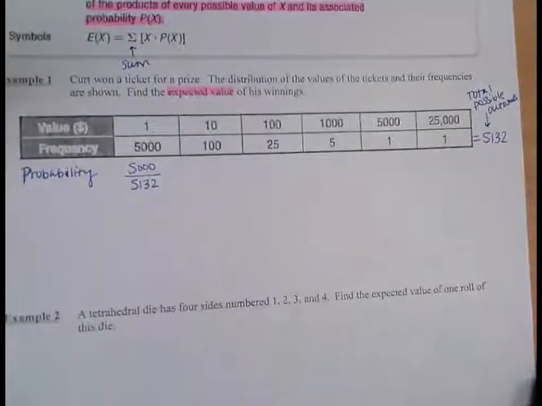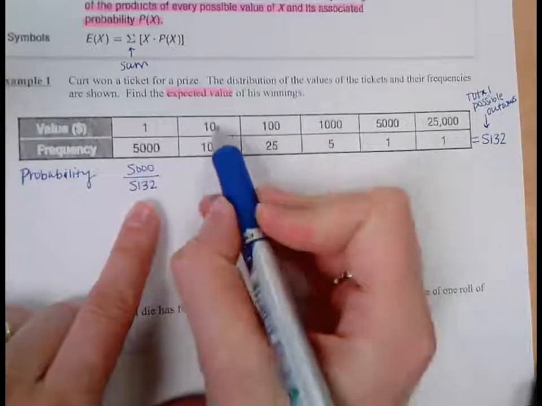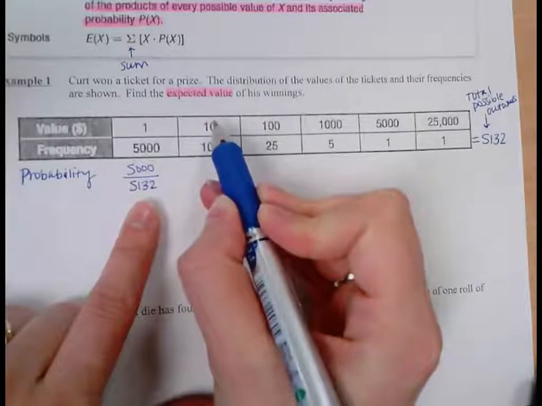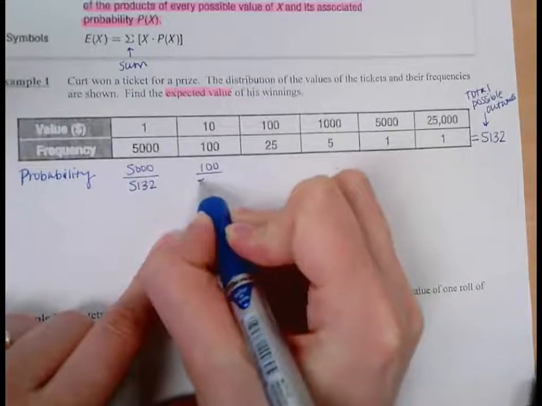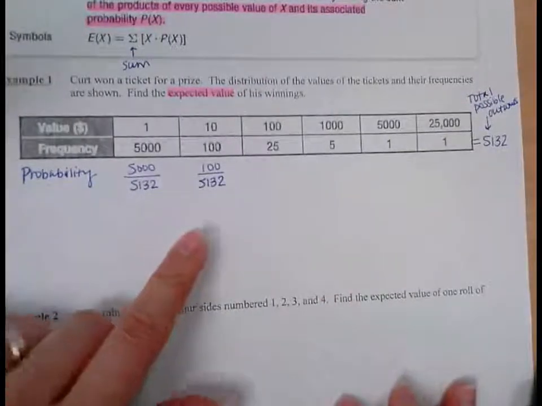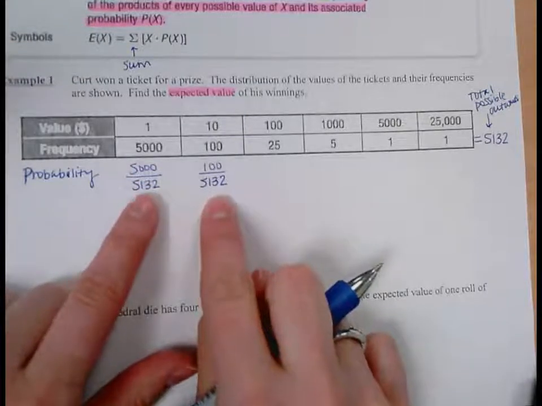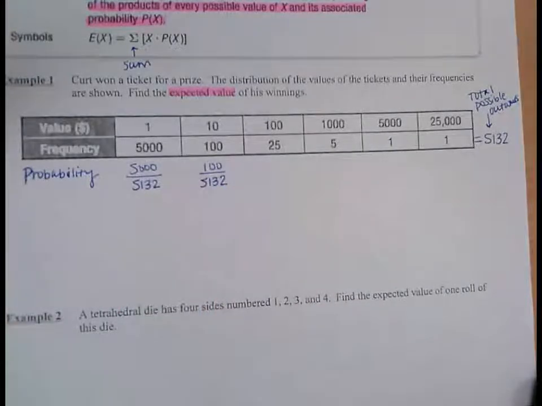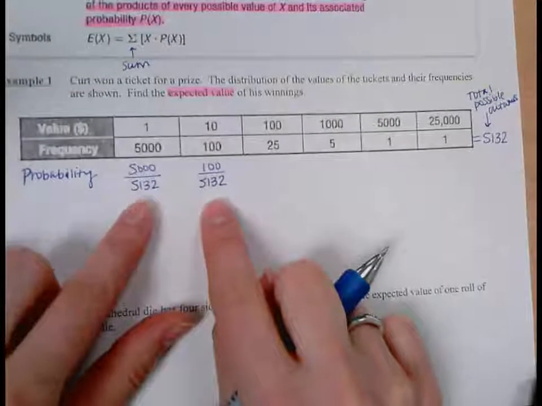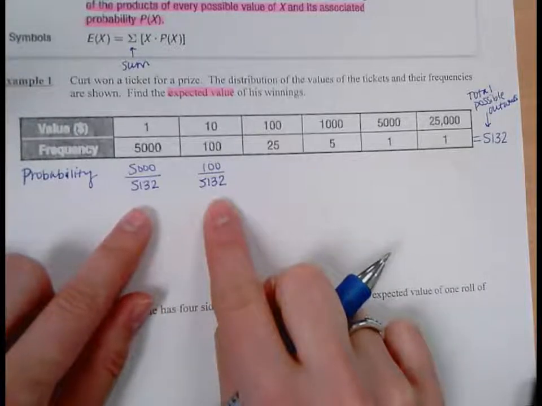So that probability is 5,000 over 5,132, meaning the probability of winning $10 would be 100 over 5,132. And even though I know that I can simplify these fractions, since the probabilities aren't my final answer, you don't have to spend time simplifying these unless you wanted to.